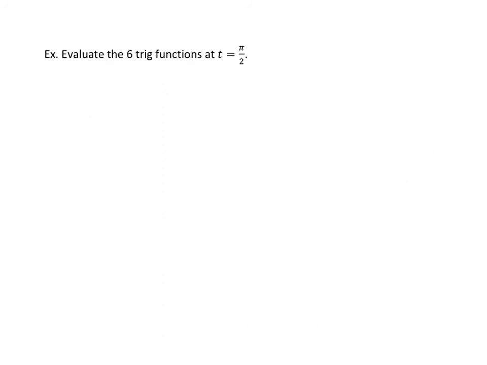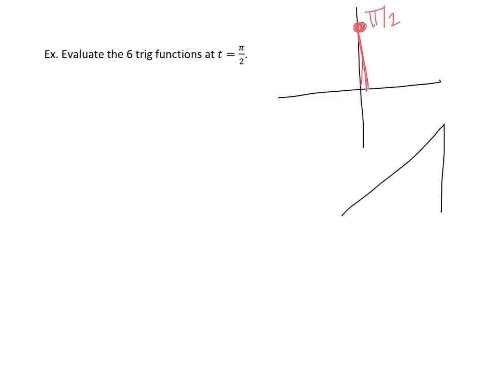Okay, this one's going to be a little bit different because pi over 2 lands right here, and we can't make a triangle with that. So what we have to think about is in terms of x and y. When I have my theta here, this is my y distance, this is my x distance, and I'm in my unit circle, so my hypotenuse is 1.